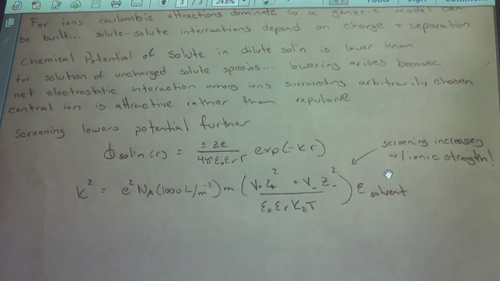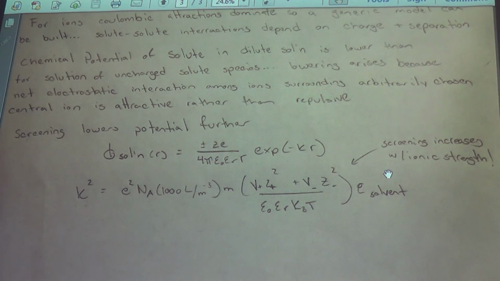So you stick one HCl molecule into a vat of water, the next HCl molecule that you stick in there costs you less energy. The next HCl molecule that you stick in there costs you even less energy.